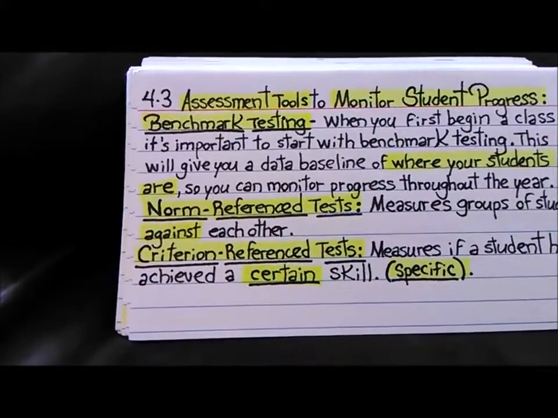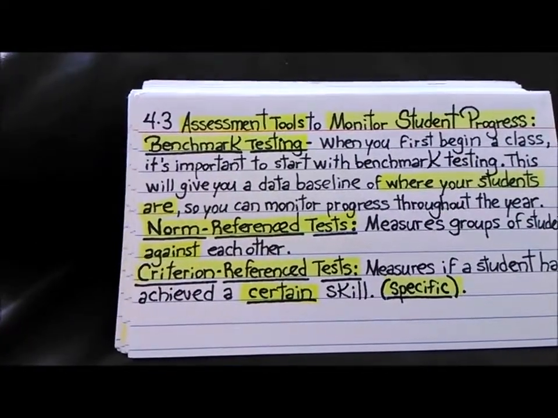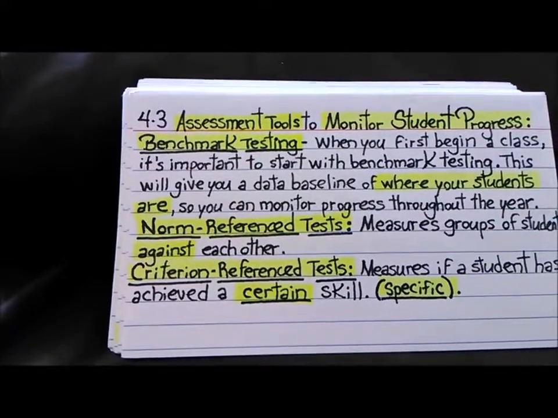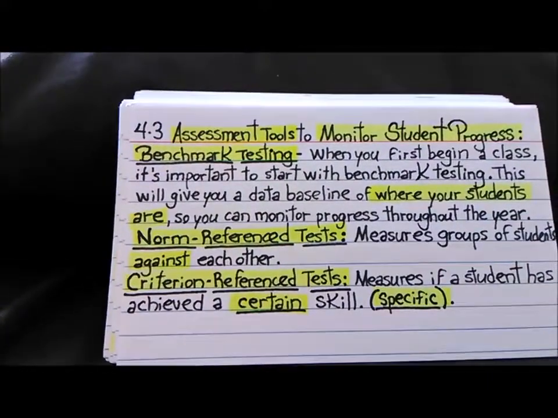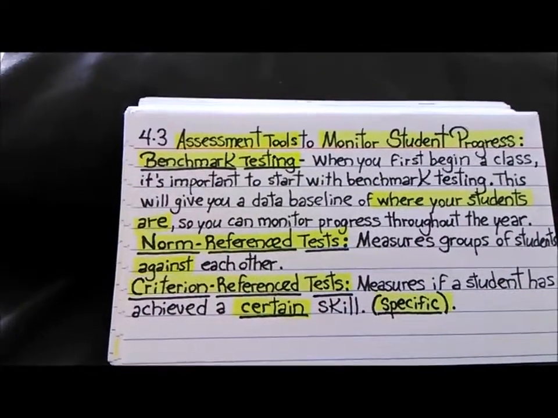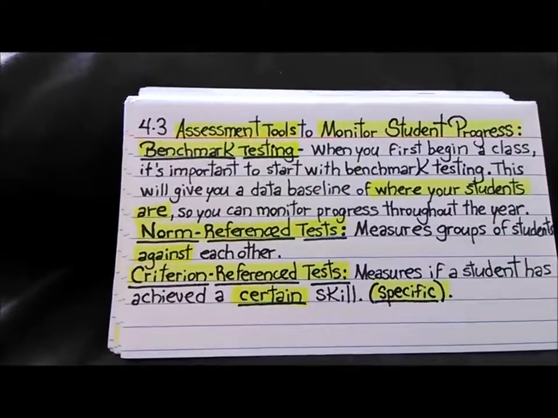Assessment tools to monitor student progress. Okay, we've got the benchmark testing. When you first begin a class, it's important to start with benchmark testing. This will give you a data baseline of where your students are so you can monitor progress throughout the year.